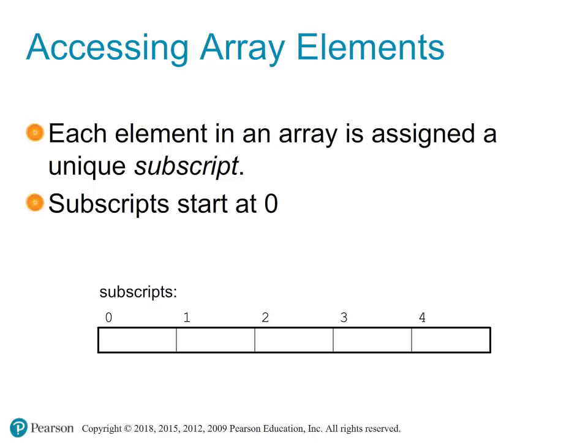Every element in an array is assigned a unique subscript starting from 0. Think of this as an address that helps you locate specific data within the array. It's crucial to note that array subscripts typically start at 0, not 1.